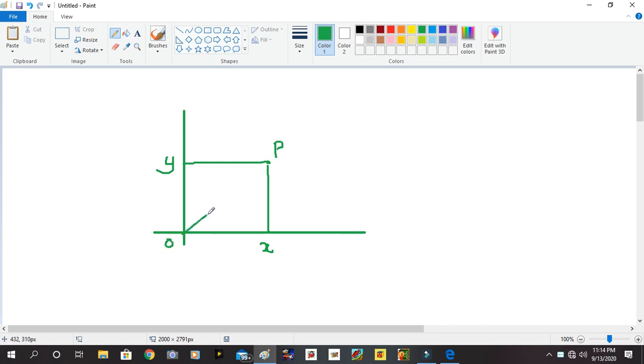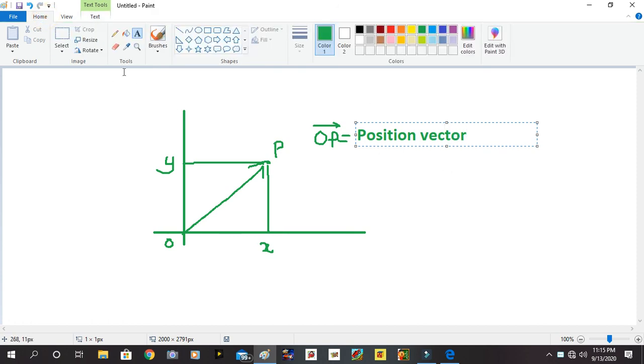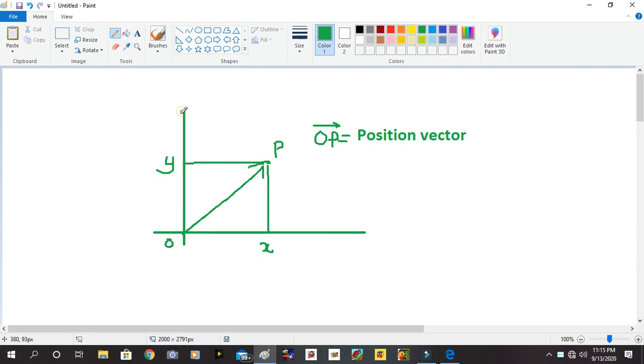If I draw an imaginary line from O to P, then that imaginary line, vector OP, will give you the actual position of that object. Then OP can be considered as a position vector. So in short, a vector which is used to describe the position of an object is called what? The position vector.